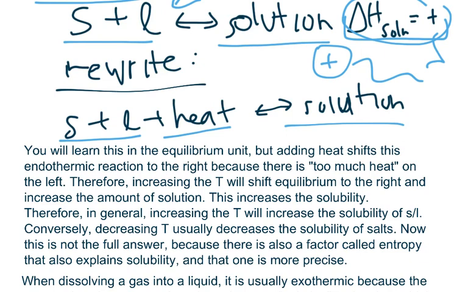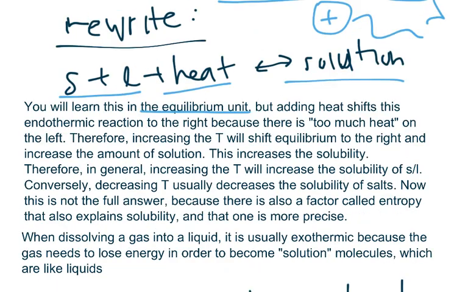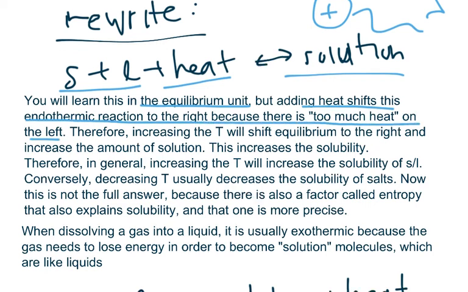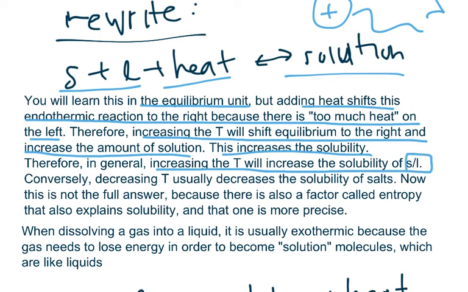You will learn this in equilibrium, but adding heat shifts this endothermic reaction to the right because there's too much heat on the left. Therefore, increasing the temperature will shift equilibrium to the right and increase the amount of solution. This increases the solubility. Therefore, in general, increasing the temperature will increase the solubility of solids and liquids.